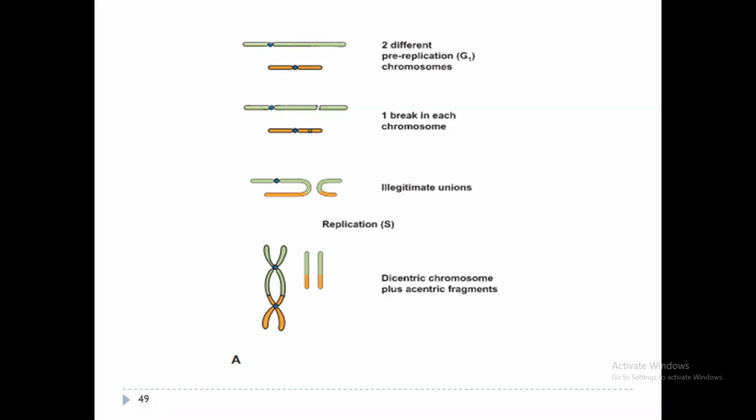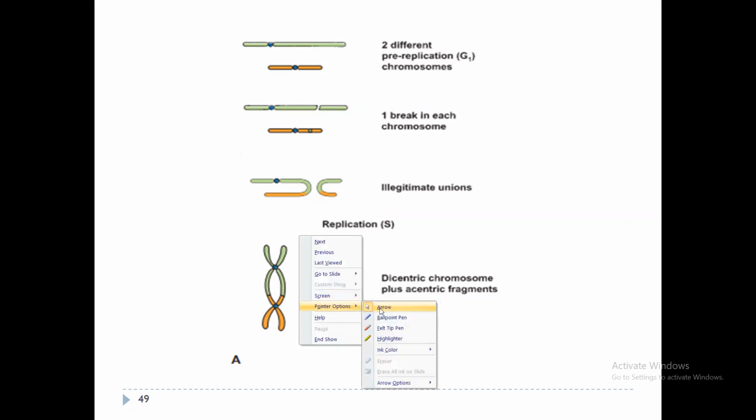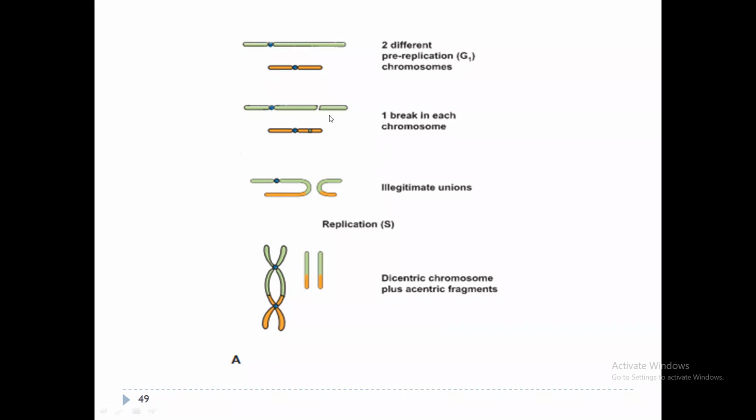Here we can see two different pre-replication G1 chromosomes, and one break occurs in each chromosome, like in this chromosome here and in this chromosome here.